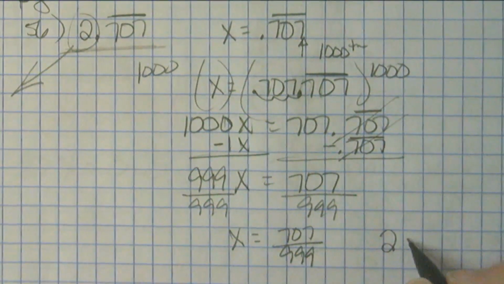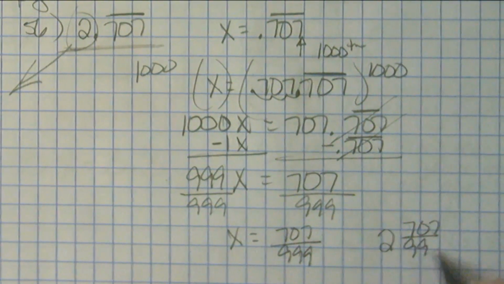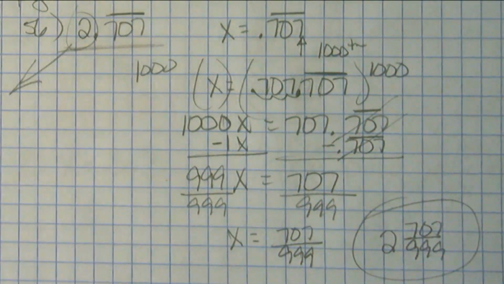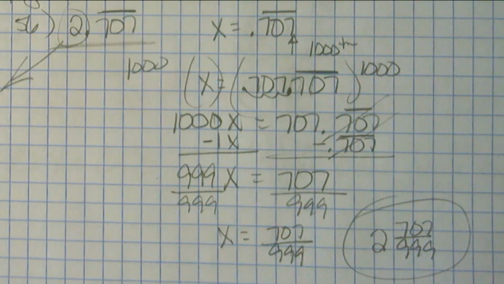So my answer is going to be 2 and 707 over 999. Are you cool with that? Ada. Say that one time. 54. Yep. Brendan, are you cool with that? Awesome. So let's take a look at 54.